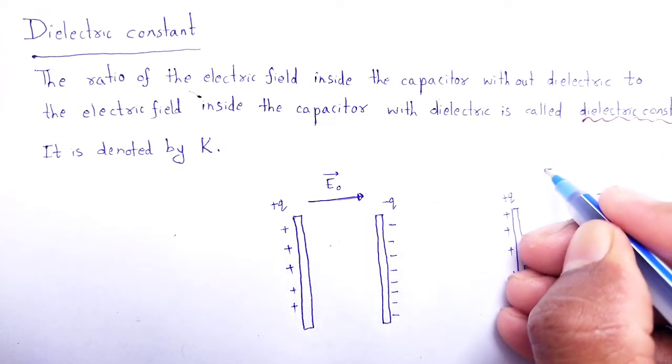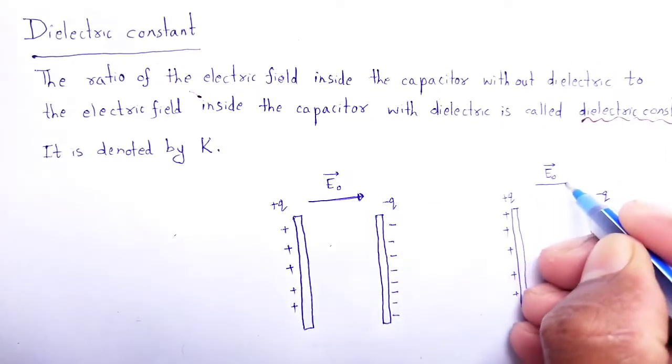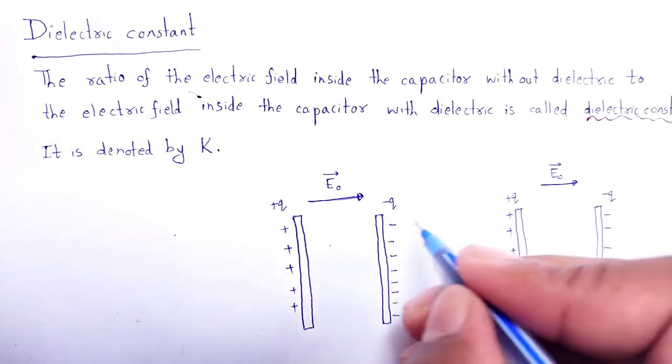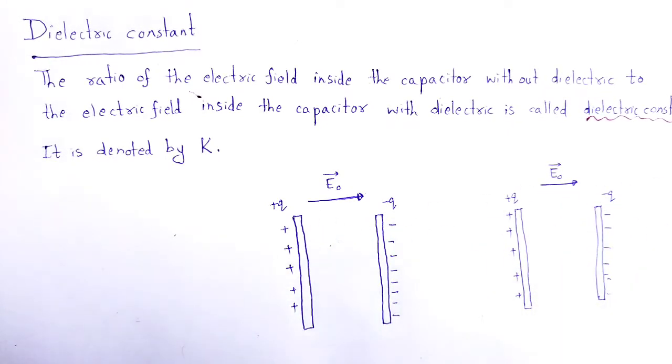Here also the strength of the electric field is E naught, from positive to negative.